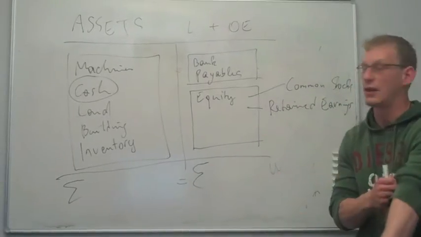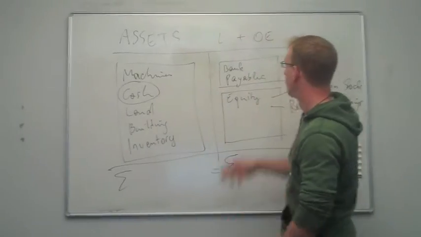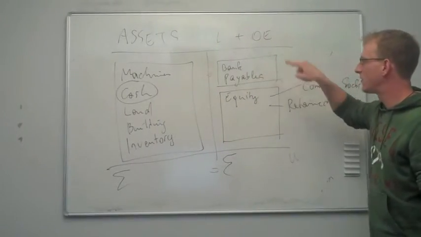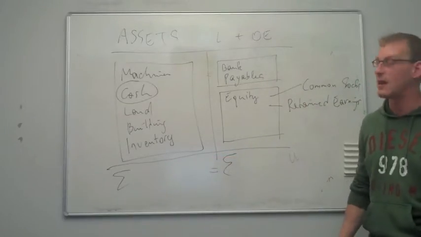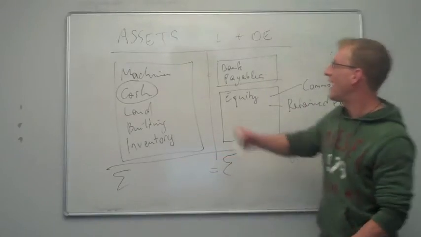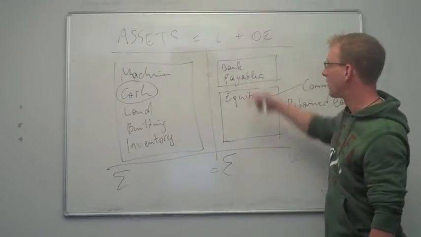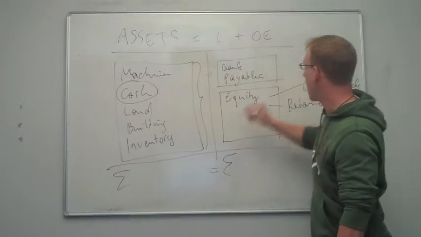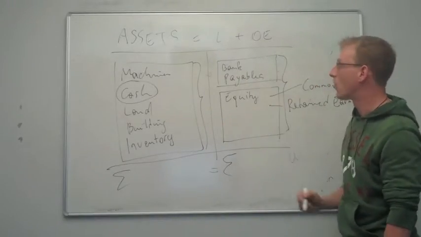It's something I already mentioned. If you look here, this is the asset side, this the liabilities and the owner's equity. The balance sheet totals have to be the same, so we can say assets equals liabilities plus owner's equity. This side has to be equally large as this side, with all consequences.